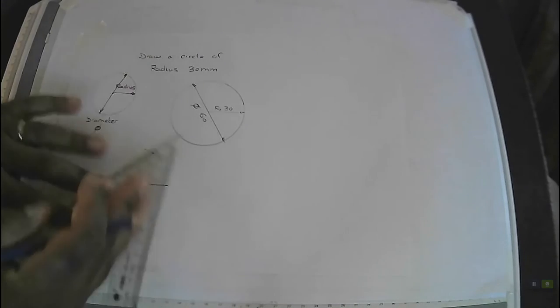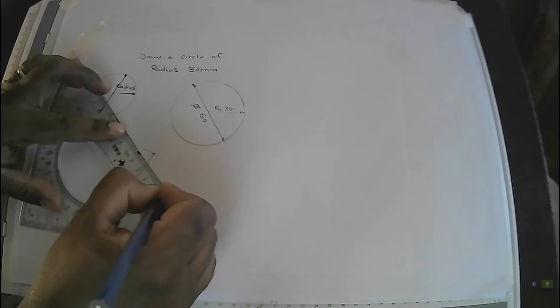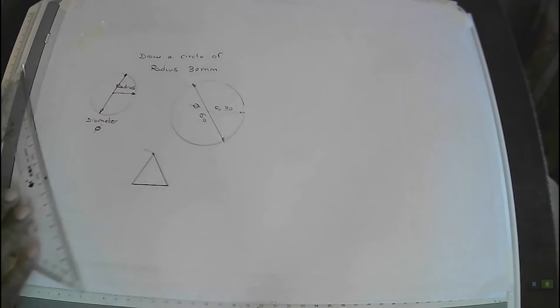To draw a regular, that is an equilateral triangle, I take the measurement of 30 millimeters from one side and draw an arc. From the other side, I draw the same arc of radius 30 millimeters. Where the two arcs meet, I can make a triangle having all sides equal, which makes an equilateral triangle.